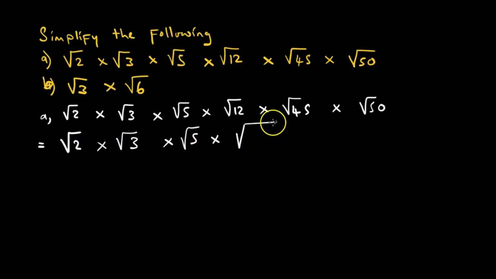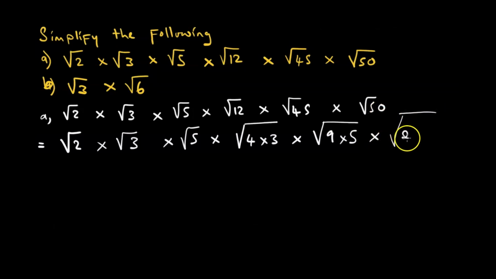Then here we have 4 times 3. 4 is a perfect square. Here, 45 is 9 times 5. 9 is a perfect square. Here, 50 is 25 times 2. 25 is a perfect square.